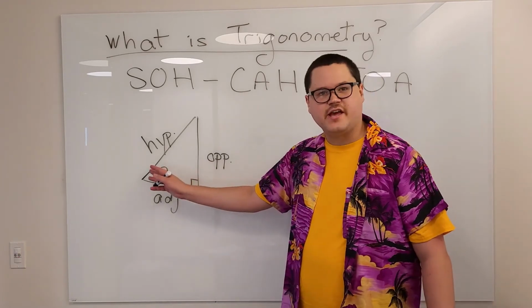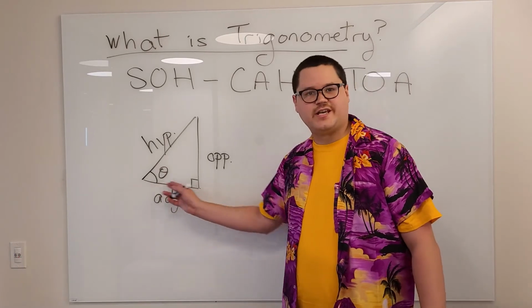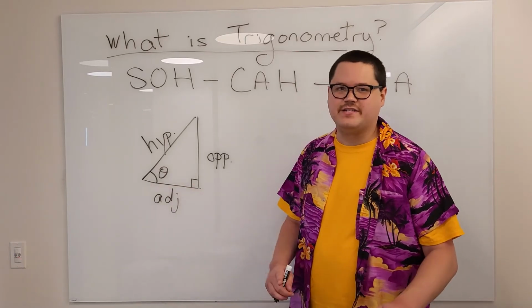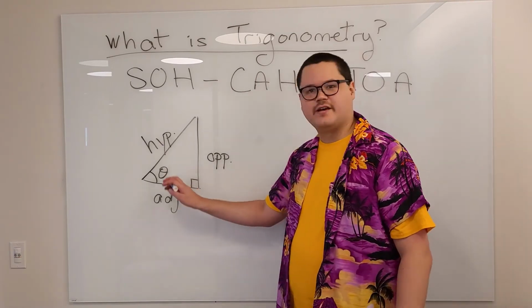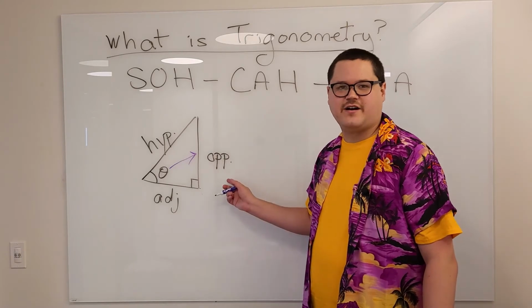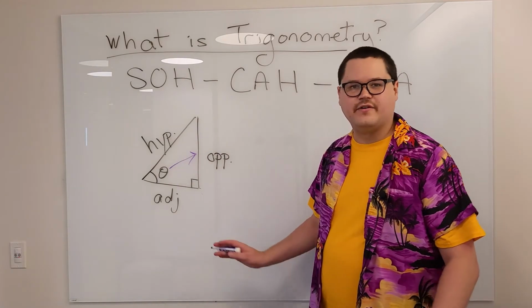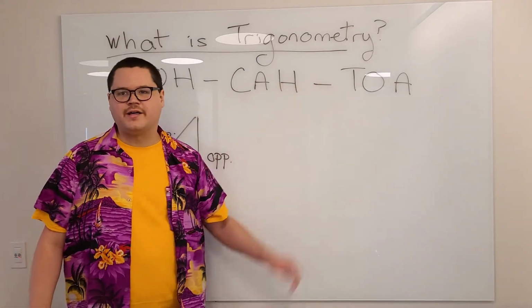Since it's next to the angle theta, Trigonometrius decided to call it the adjacent. Adjacent is a fancy word for next to. Well, what about the side opposite angle theta? Well, he decided to call it the opposite side. Very creative. But what about SOH-CAH-TOA?